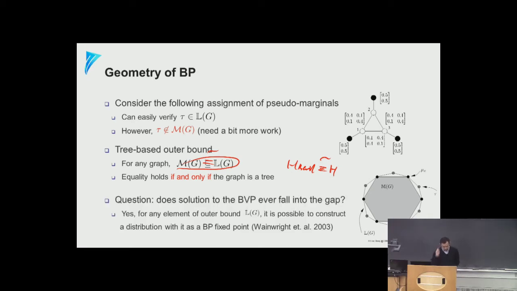Right? Okay, so that kind of gives you some insight about the behavior of belief propagation. First of all, it may not converge, and also it may not converge to the right answer. Why?